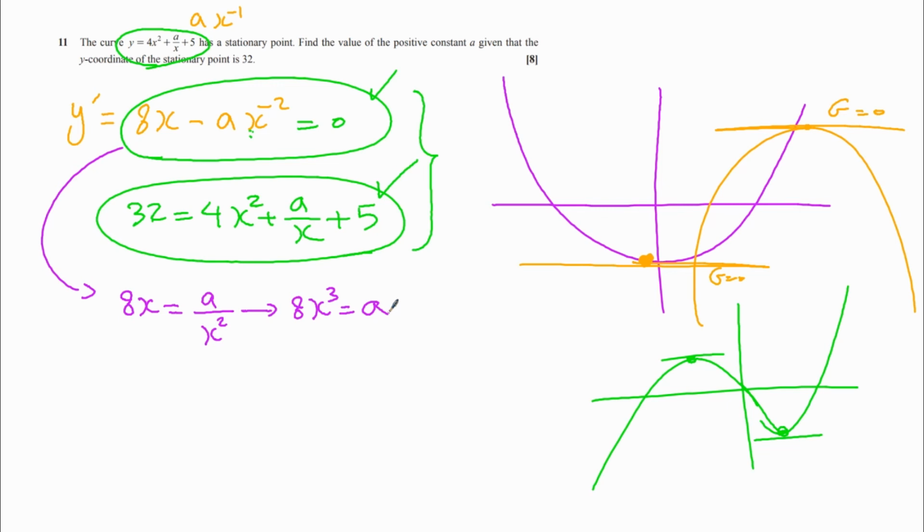If I replace this value of a into the second equation, which is substitution, it becomes 32 equals 4x squared plus, for a, 8x cubed over x, plus 5.